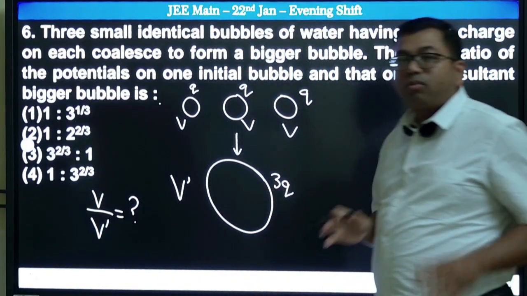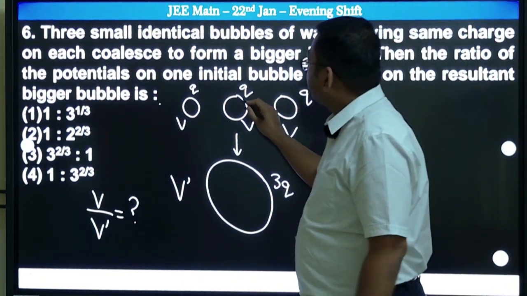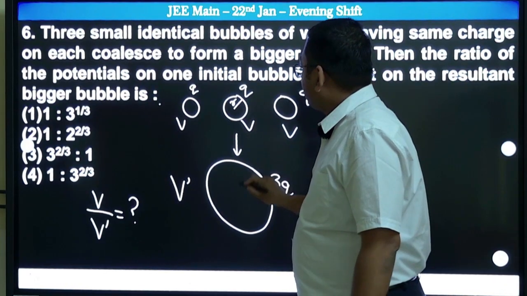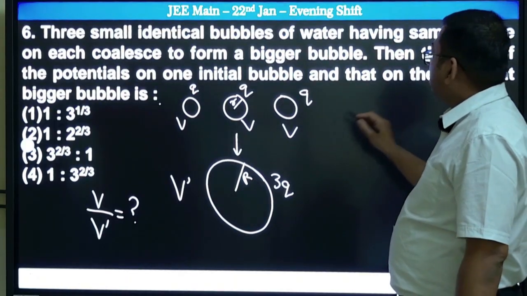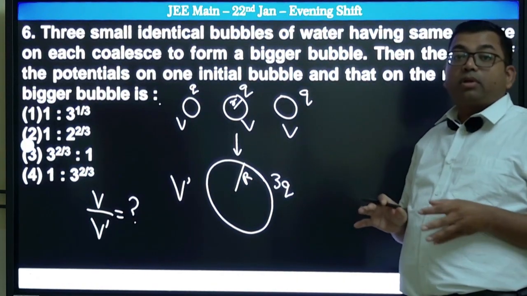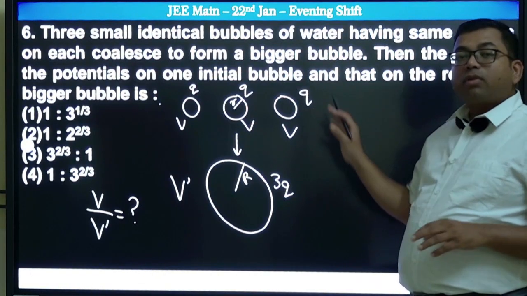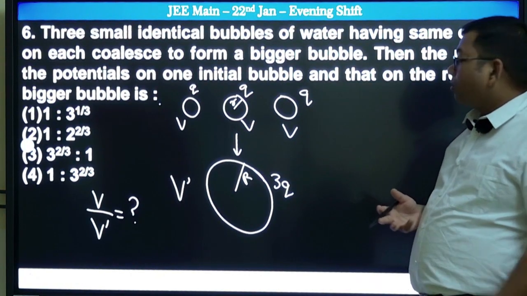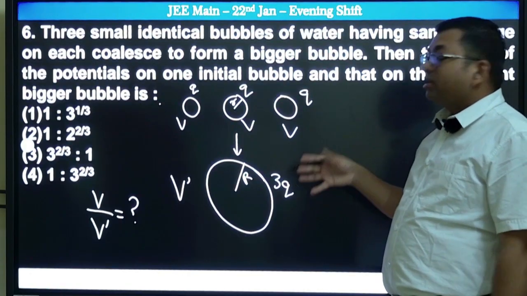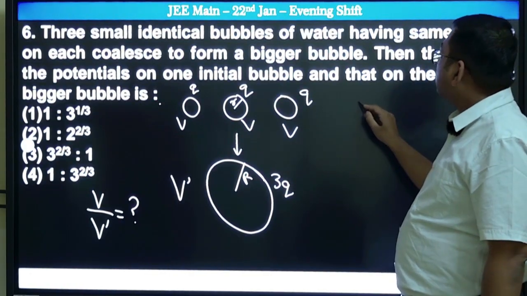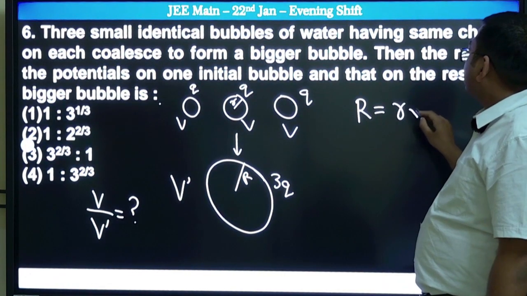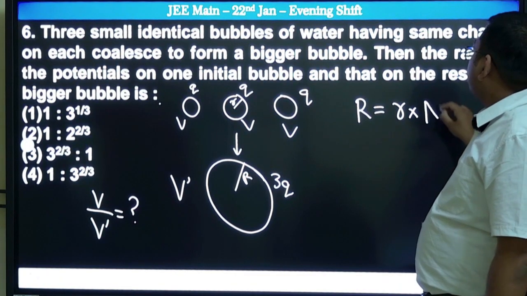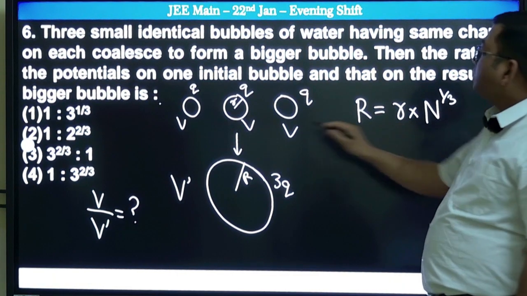Suppose the initial radius of each of them is small r and the final radius is capital R. We should always know that the volume will be conserved. From volume conservation, as you already know for this type of question, the final radius R comes as the initial radius into n power 1 by 3, where n is the number of bubbles.